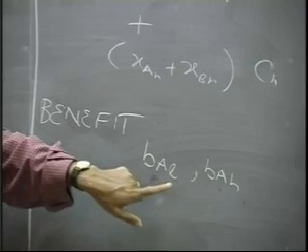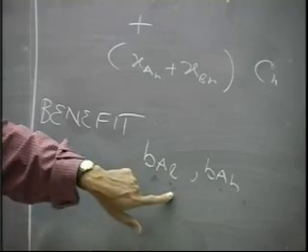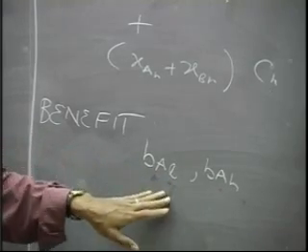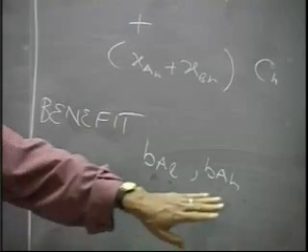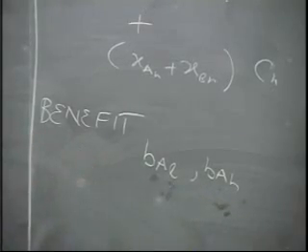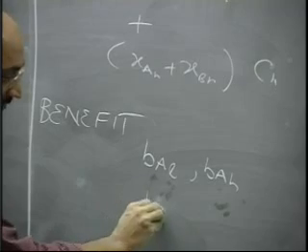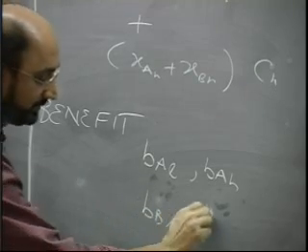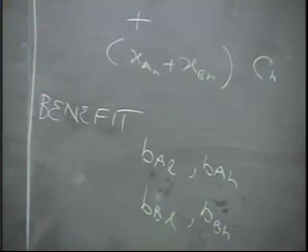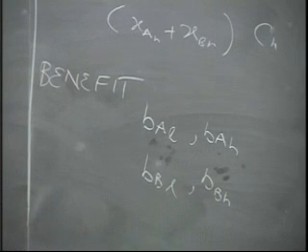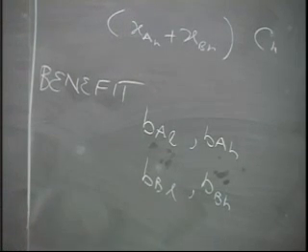Its benefit from sending on the low cost link is not as much as from sending on the high cost link, because here the delay is lower. Okay, so these are the benefits that you decide. I get lots of benefit from sending VoIP on the low delay link, but I don't get much benefit from sending VoIP on this bulk link or on this other link.